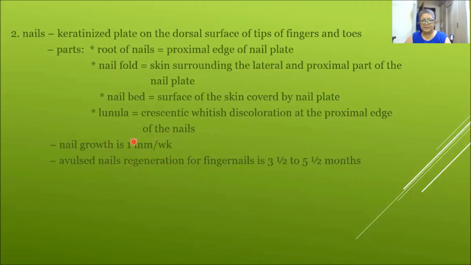You call this avulsion of the nails. So don't worry, avulsed nails can be regenerated in about 3.5 to 5.5 months.